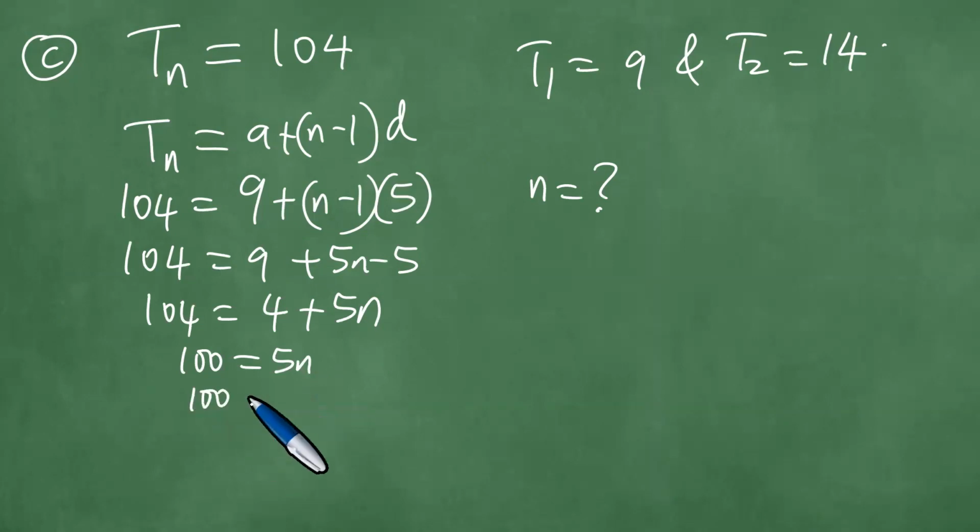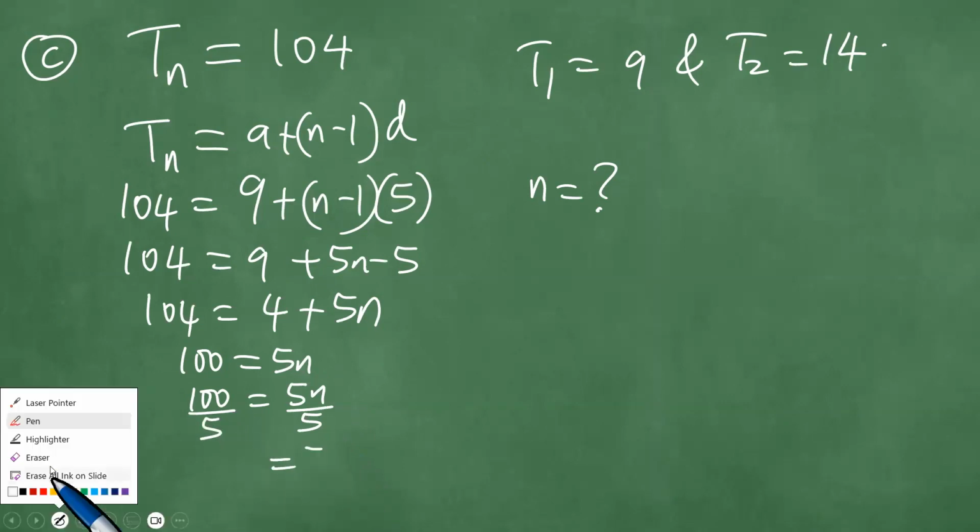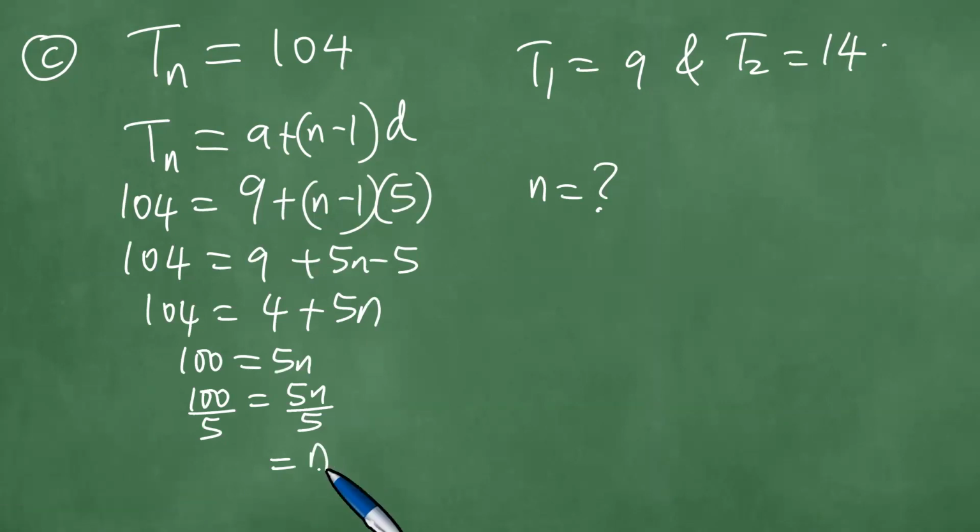And you divide, so we divide here. This is 20. So in other words, n is exactly 20. At this point we're just looking for the term number.